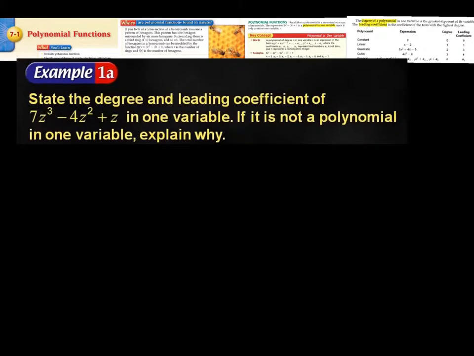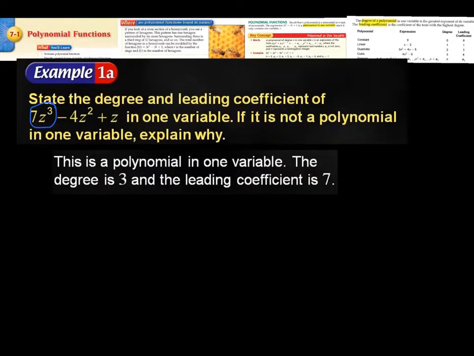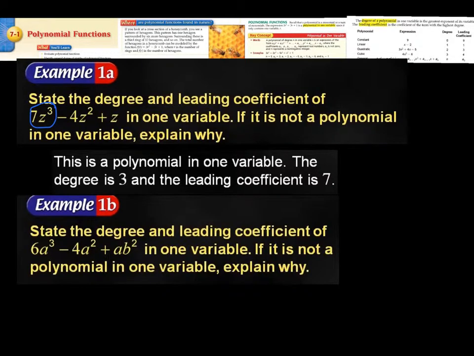State the degree and leading coefficient of 7z cubed minus 4z squared plus z in one variable. If it is not a polynomial in one variable, explain why. Well, it's in descending order even. So this is a polynomial in one variable. The degree is 3, leading coefficient is 7. Again, they gave it to us in descending order, but they gave us the term in two variables.